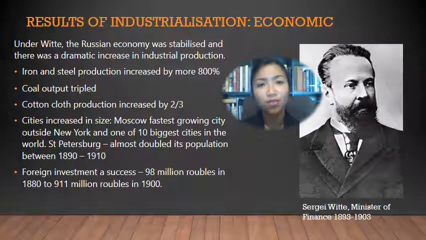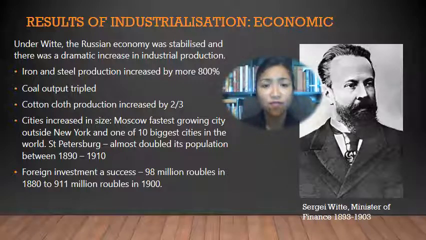There is some historical debate as to the success of Witte's reforms, but overall I think the Russian economy was stabilised and there was a dramatic increase in industrial production. We can see this in the stats here. You have iron and steel production increasing by more than 800%, coal output tripled, you have the textiles industry increasing its production by two thirds, and you can see the industrialization's effect on the cities.